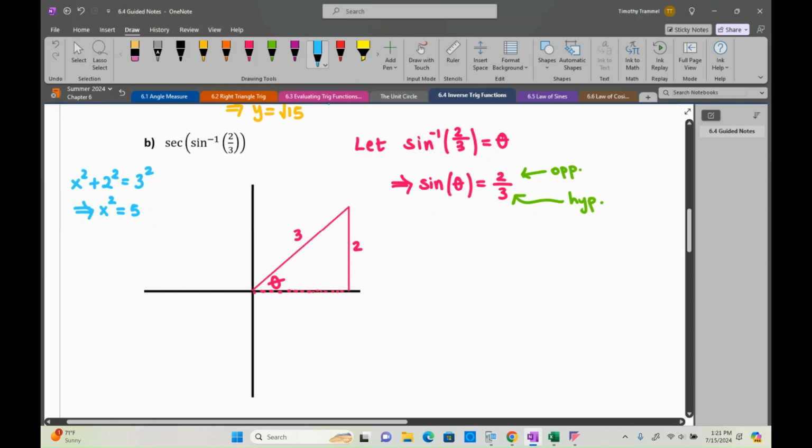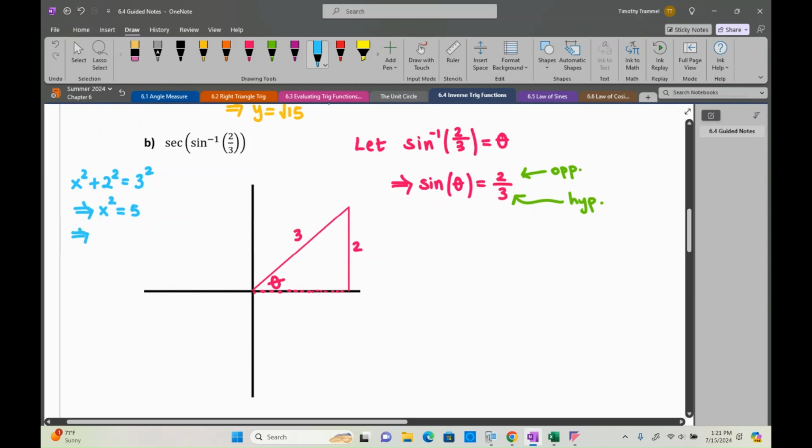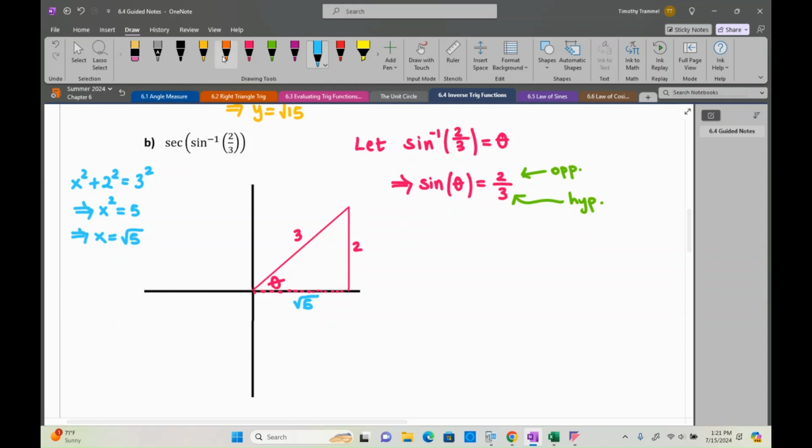And so that must mean then that x is equal to the square root of 5.